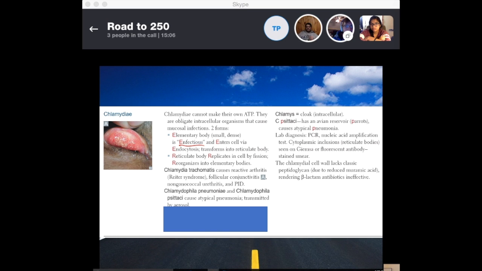And then once they endocytose into the cell, that's when they transform into the reticulate body, which replicates by fission. And then once they have completely colonized the cell, they turn back into elementary bodies, and then they continue on invading.